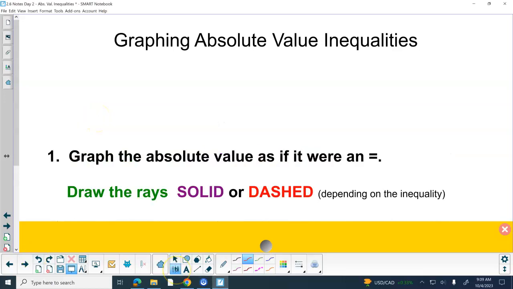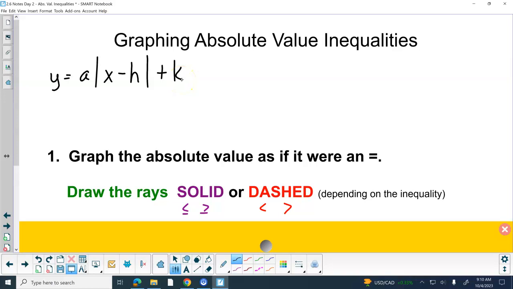What I was saying was it helps for us to remember the equation for an absolute value. Okay? So we got to remember that one.